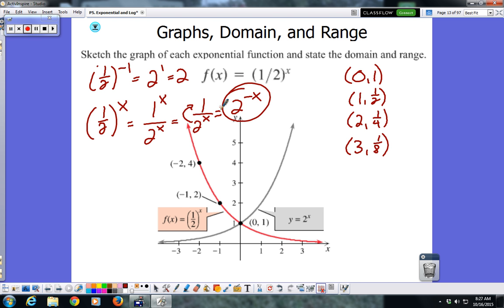Now let's go back and talk about transformation since everybody enjoyed it so much. If you take 2 to the x power and you turn it into 2 to the negative x power, when you do pluses and minuses, you translate graphs. You move it left, right, up, and down when you add and subtract.